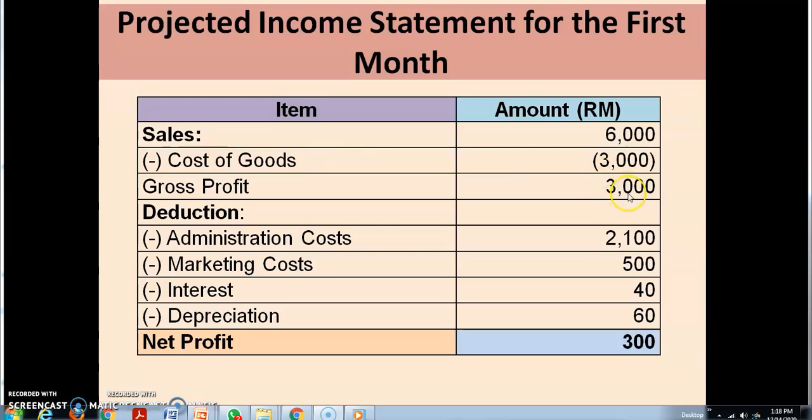So you have to deduct from this 3,000 all the administration costs, the marketing costs, the interest, and the depreciation. Alright, so after you have deducted all this from 3,000, you will get 300 as the net profit.